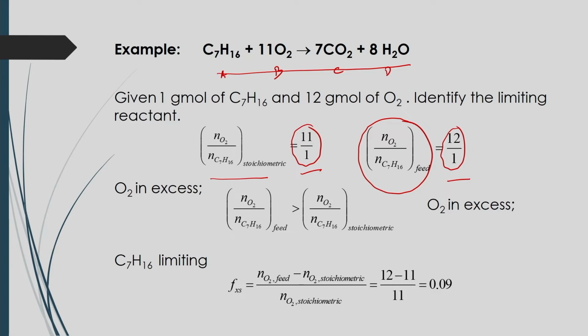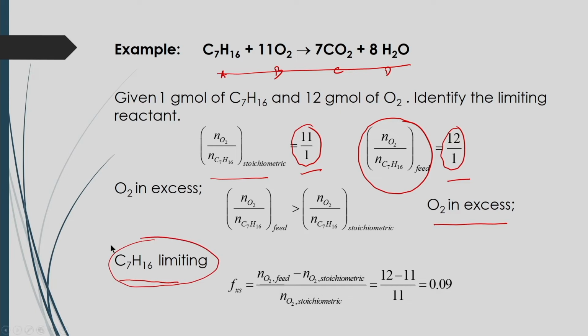But the limiting reactant will be the other one, C7H16, because you will see that its requirement is less than the feed.